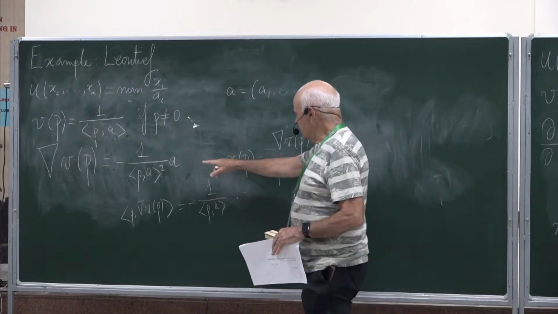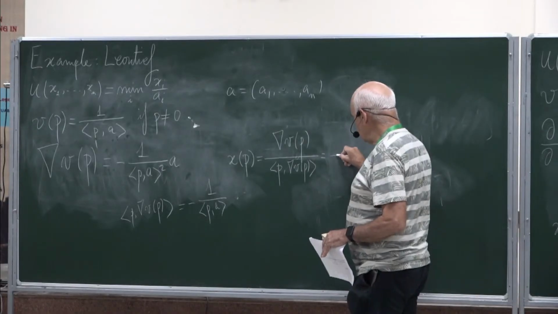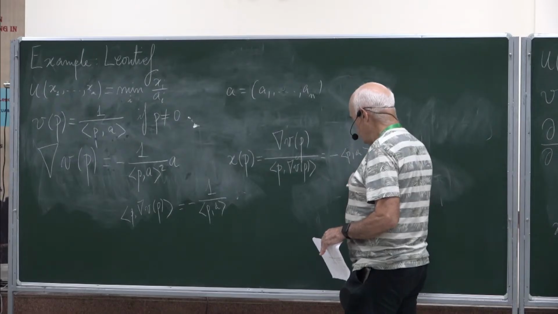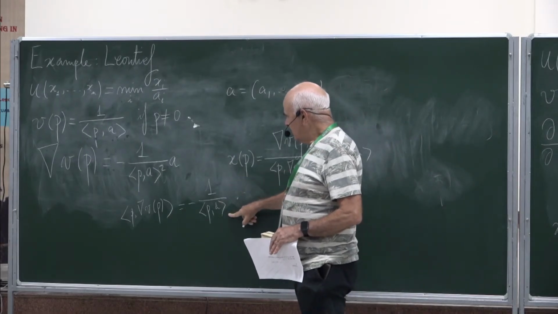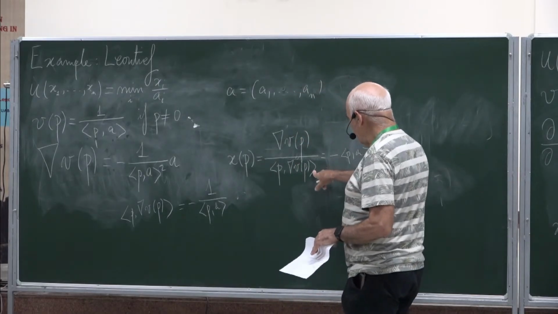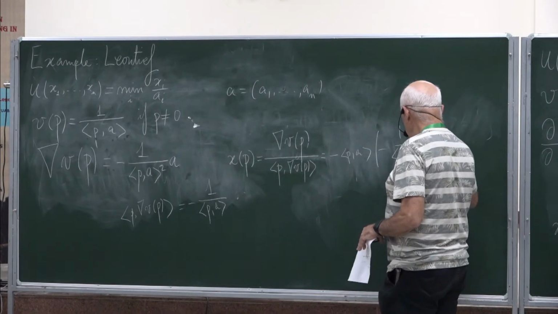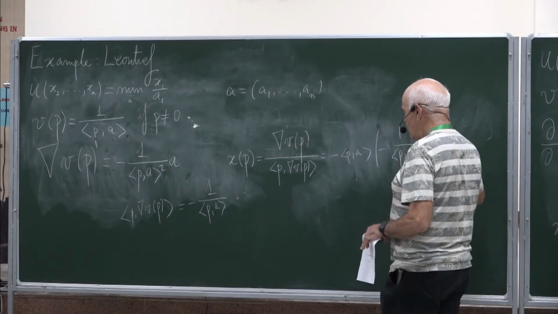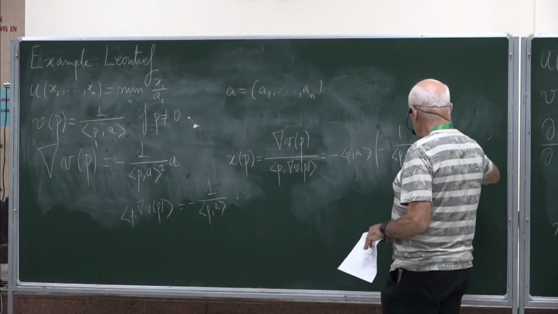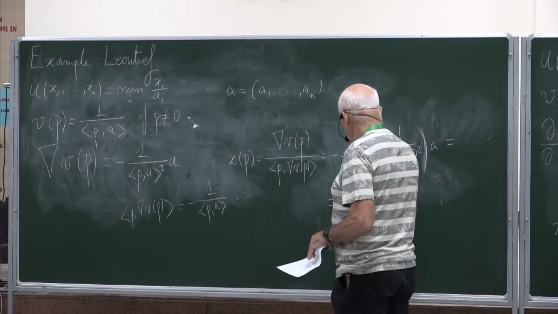Let's first write this in the denominator, so this means minus PA, because 1 over PA would be in the denominator, and times the gradient, which is minus 1 over PA squared times A. So now it's fully correct.